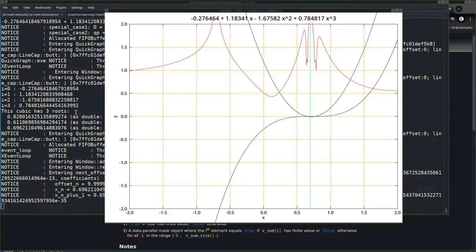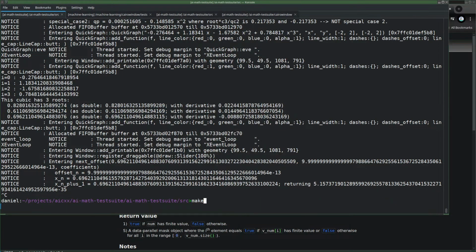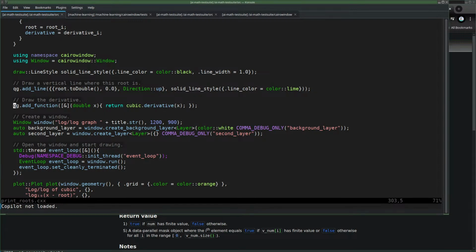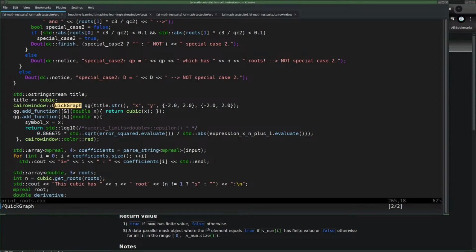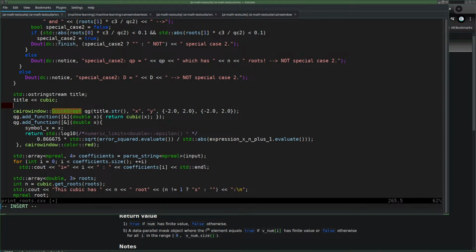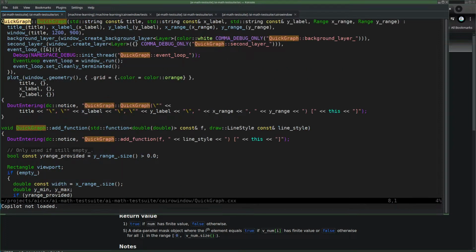That's the vertical axis of my quick graph thingy in print roots. So I'll make this 0.2. Let's make it a variable. Y range.